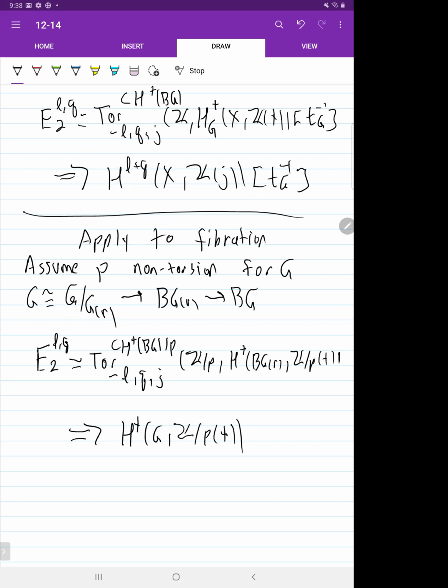Okay. So I'll say a few words about what goes into the calculation.